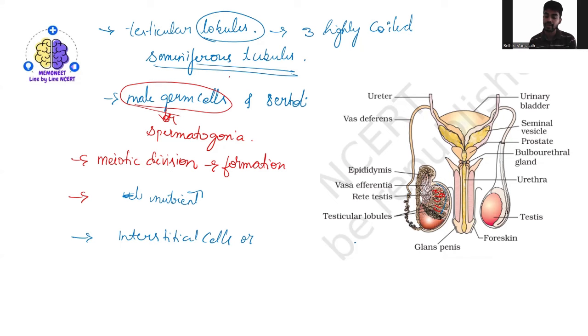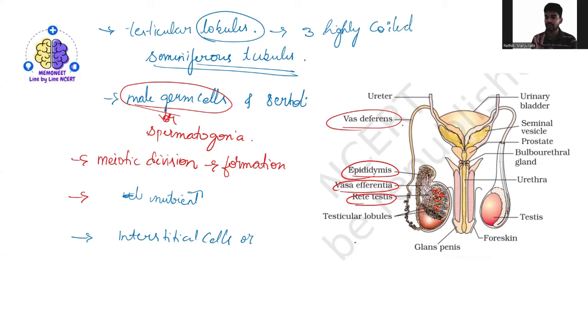So now the male sex accessory duct, what does it have? It has rete testis here. You can see the rete testis now. And you have vasa efferentia. Then you also have the epididymis. Then vas deferens is also there, right?